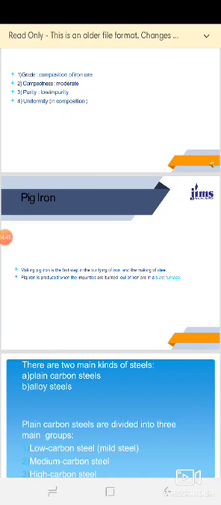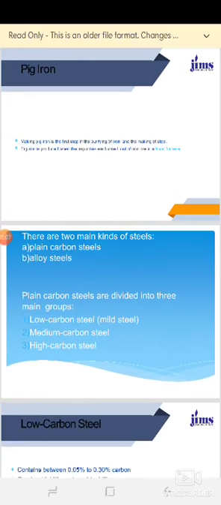Pig iron is produced when the impurities are burned out of iron ore in a blast furnace. As I have already told, a blast furnace can be heated with fire or with an electric setup. I will not be discussing the furnace because that is not a part of this topic.